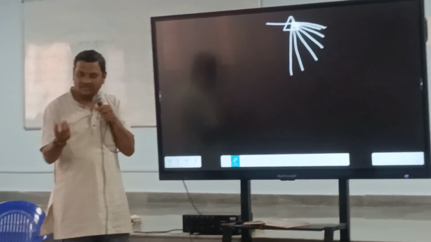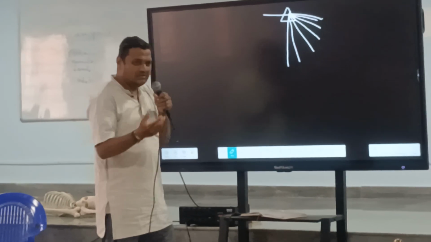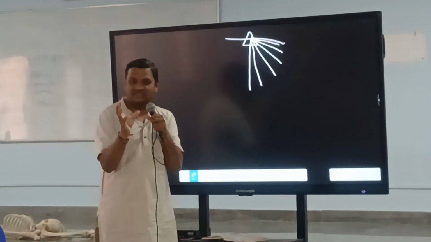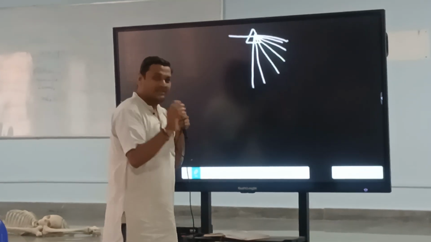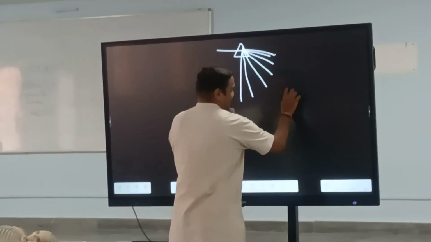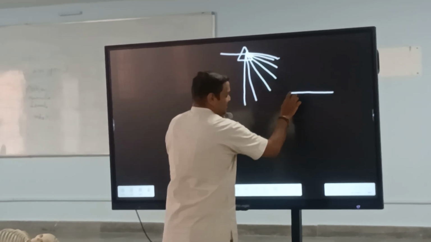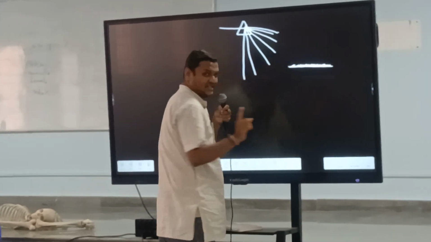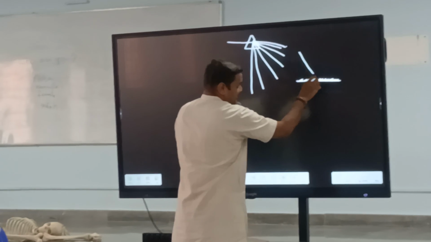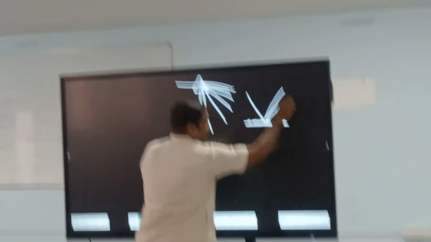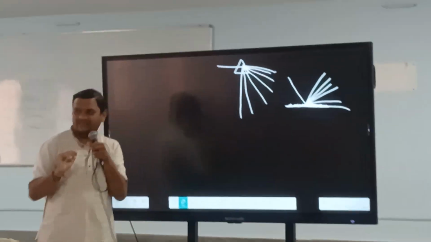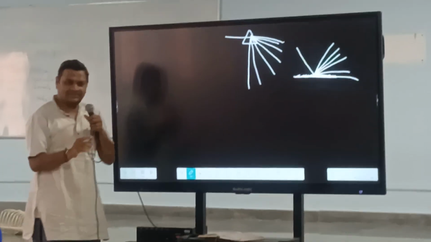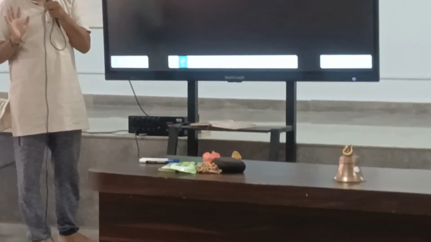Or a very simple way is to put that light on a grating. That's why I showed that CD. The CD surface has grooves like this, so when light falls on it, the splitting takes place. 7 colors. That is the visible light.